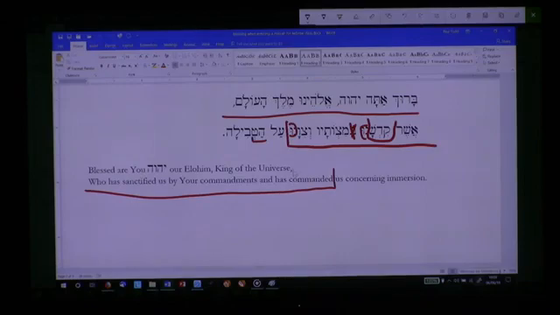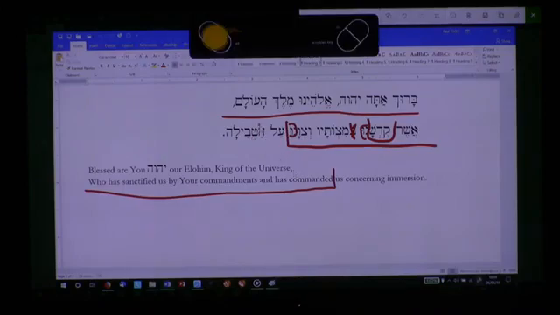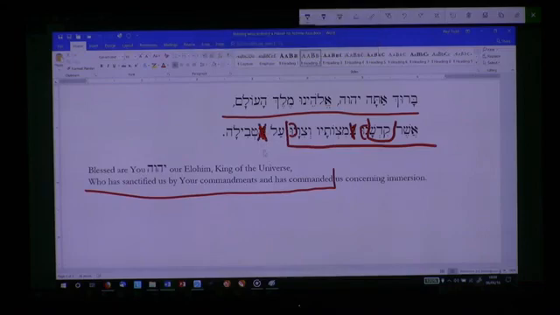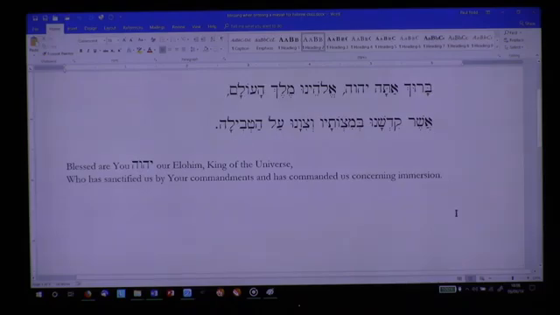And it gets confusing when now all of a sudden you're going to go look the word up in the dictionary and you're looking up a word beginning with a hey. So if I want to look that up, I have to get rid of that hey and go tevila. And tevila means immersion. Okay? That was easy, wasn't it? Oh, this fun stuff we're doing. Isn't this great?